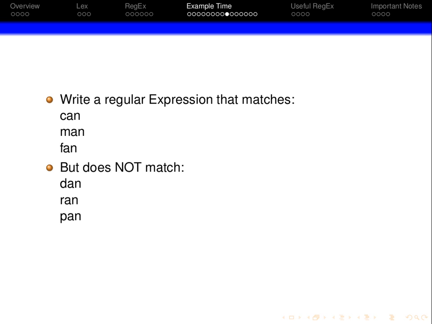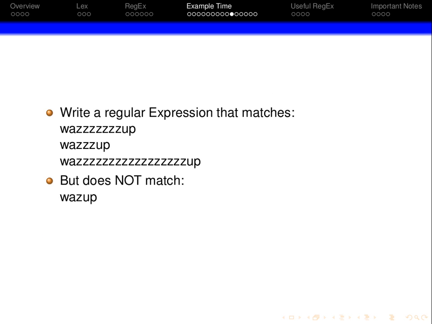All right, let's see. Can, man, fan. What did we do? Did we go backward? All right, here we go. Okay, W then Z plus. Wait, does not match. So Z, wait, hold on, Z star, and then Z plus. Did everyone catch that?